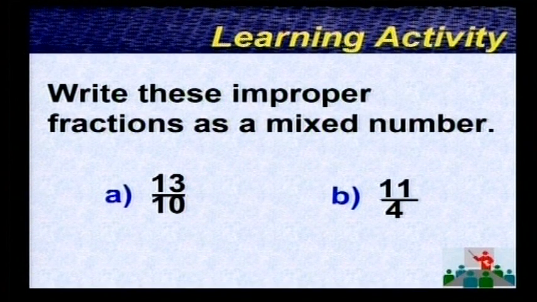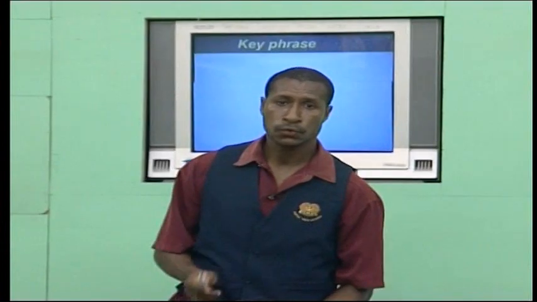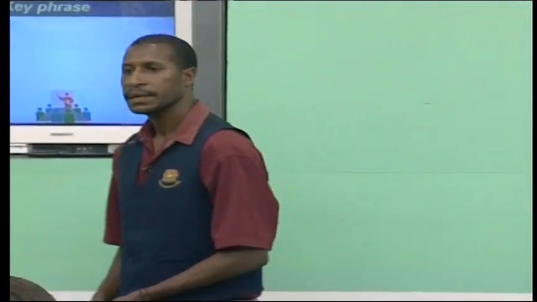Now students, to sum up this lesson, when you want to change an improper fraction to a mixed number, you divide the numerator by its denominator.